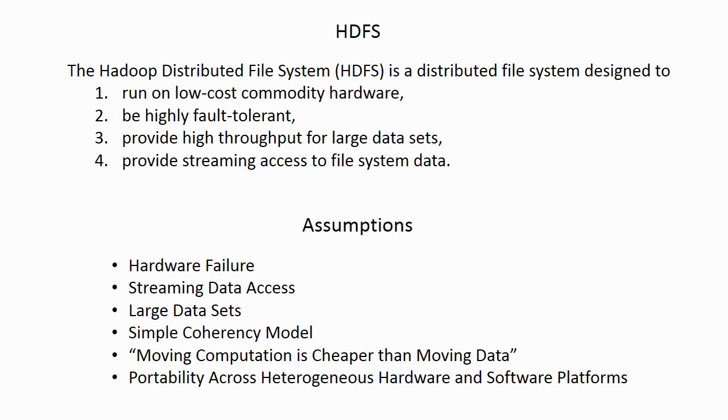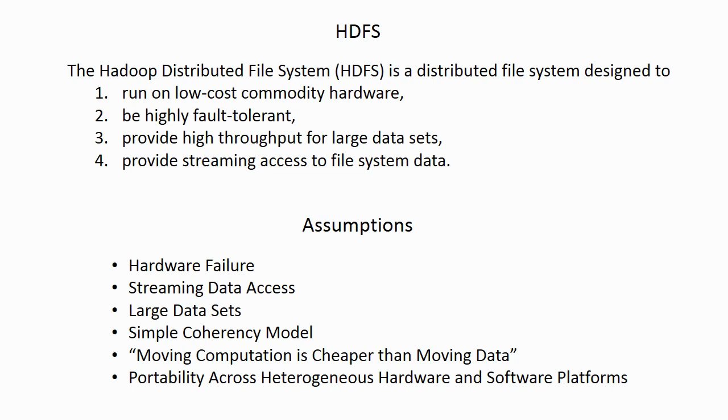The second key observation they made is that it's going to be faster and cheaper to move the execution code to the data rather than to ship the large volumes of data to a central CPU for computations.